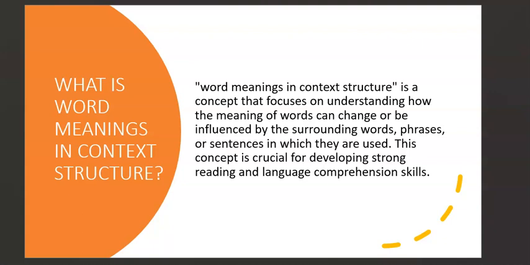Sometimes there are two words that are spelled the same, pronounced the same, but they have different meanings. So what will help you get to the right meaning of this word? It's the words around it or the phrases around it.